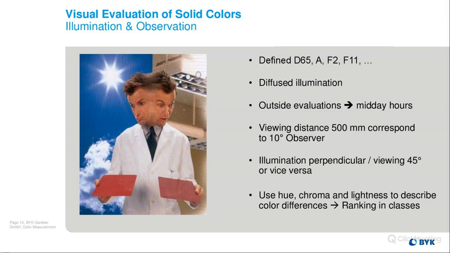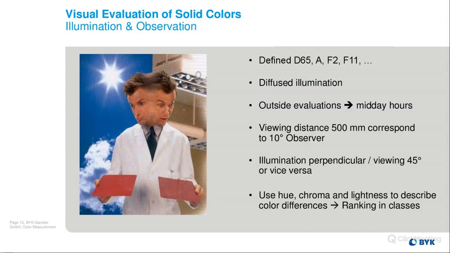They all use diffused illumination, so that means there's no direct light. It's all diffused light. It's best to do it outside during midday hours, so when the sun is highest in the sky. It's recommended to have a viewing distance of 500 millimeters that corresponds to a 10-degree observer.